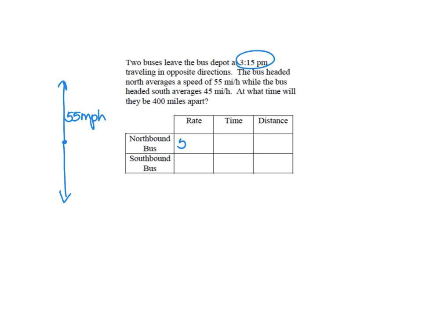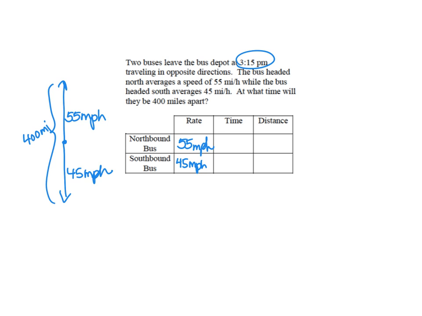So we're going to put that here. While the bus headed south averages 45 miles per hour. At what time will they be 400 miles apart? So we're looking for a time when the sum of their distances is 400 miles apart.